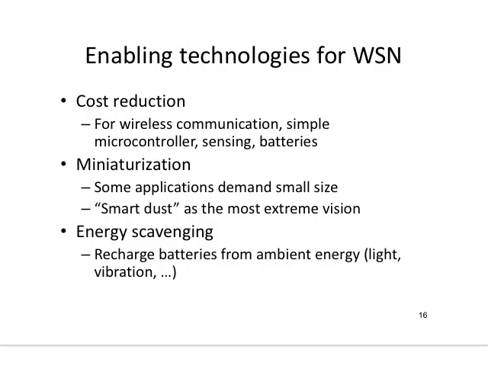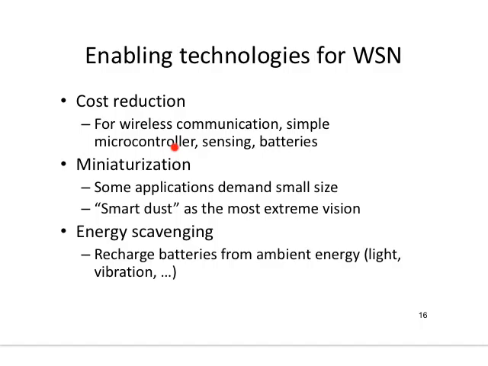So, enabling technologies: some technologies in wireless sensor networks that we can leverage, using some existing technologies. Of course, these technologies have progressed a lot nowadays. So, cost reduction for wireless communication using simple microcontrollers.